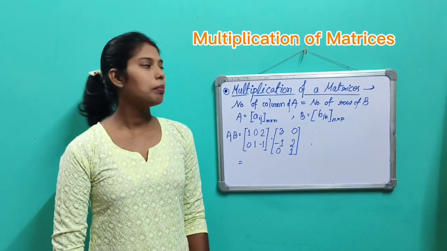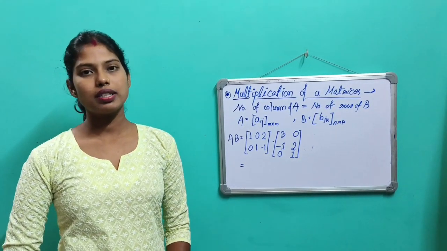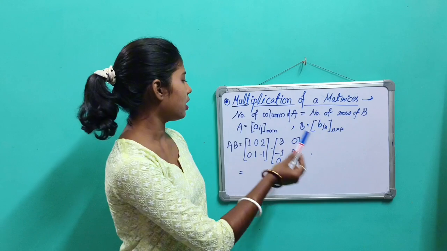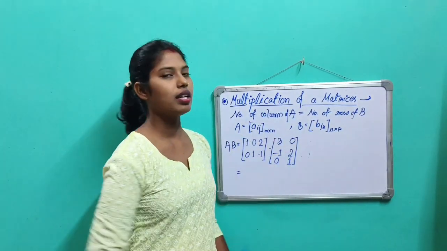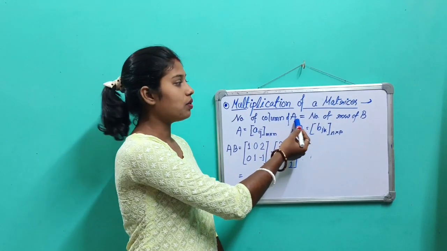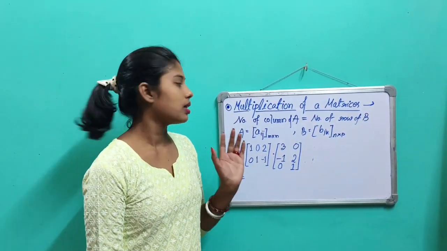So next we have multiplication of matrices. When can we multiply two matrices? If we are given two matrices, as for example here A and B, and if the number of columns of A is equal to the number of rows of B, let's see this clearly.